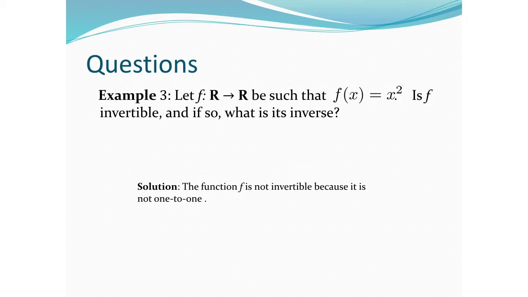And the reason for that: take for example minus 0.5 and 0.5. You will find that those values have the same image in the mapping, because it is not one-to-one. So if you take from the set A, 0.5, half, and minus 0.5.